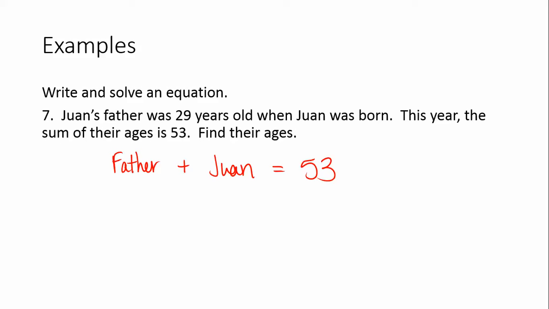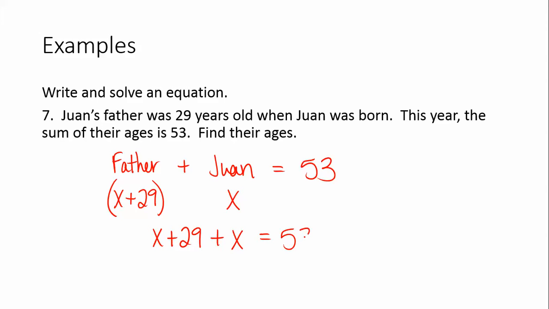If we don't know Juan's age, we're going to call that x. We know that his father is x plus 29 because he's 29 years older than Juan, and that should equal 53. So we have x plus 29, that's the dad's age, plus x equals 53.